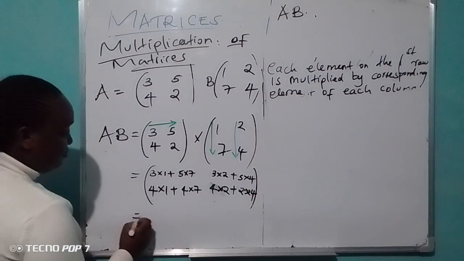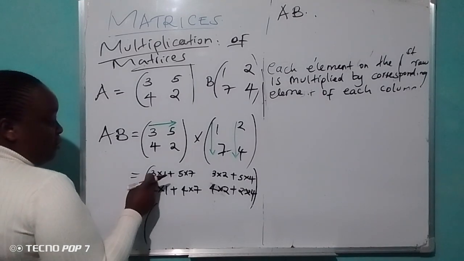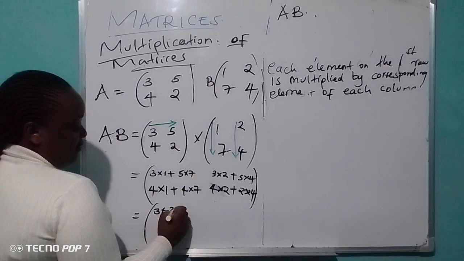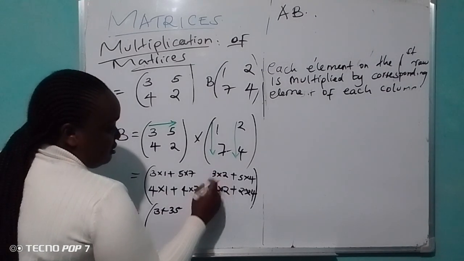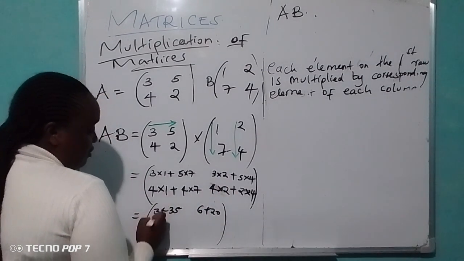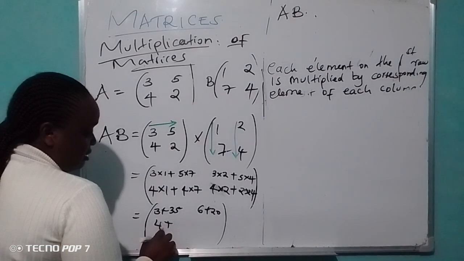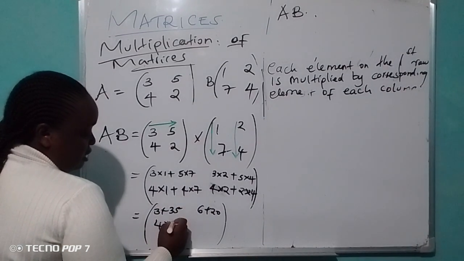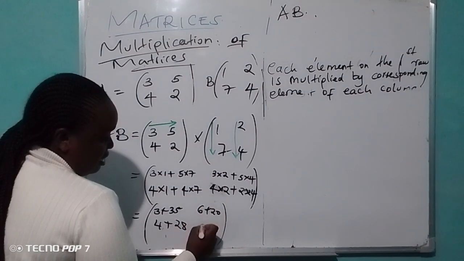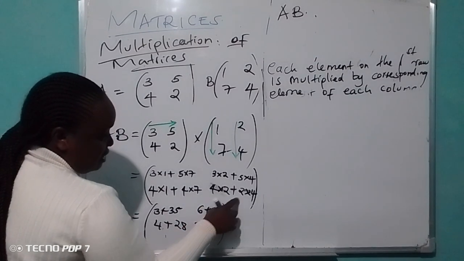So takuja ikue 3 plus 35, 6 plus 20, 4 plus 28, then 8 plus 8.